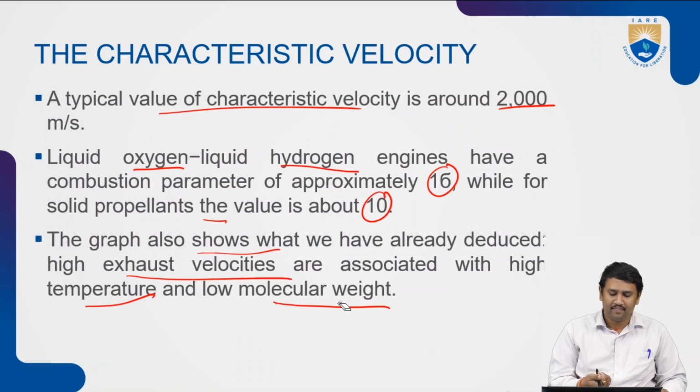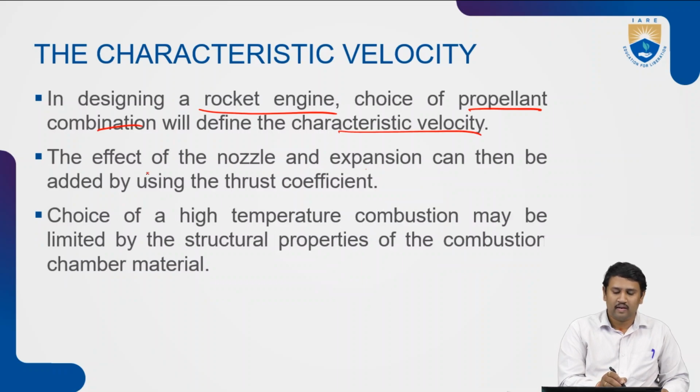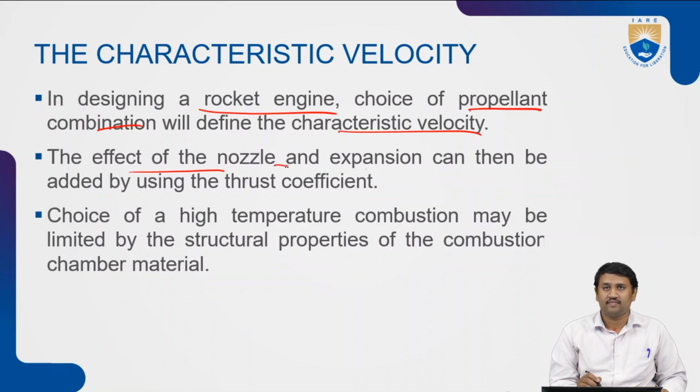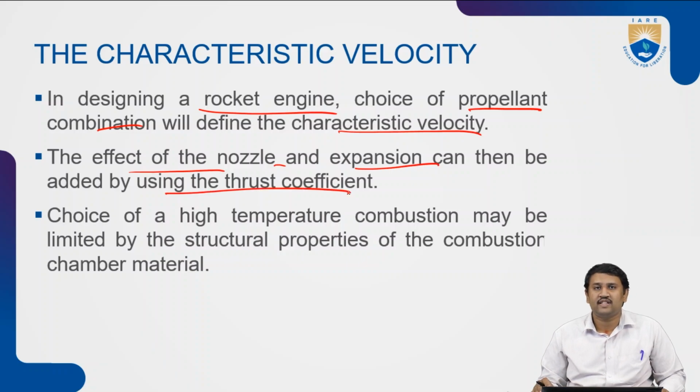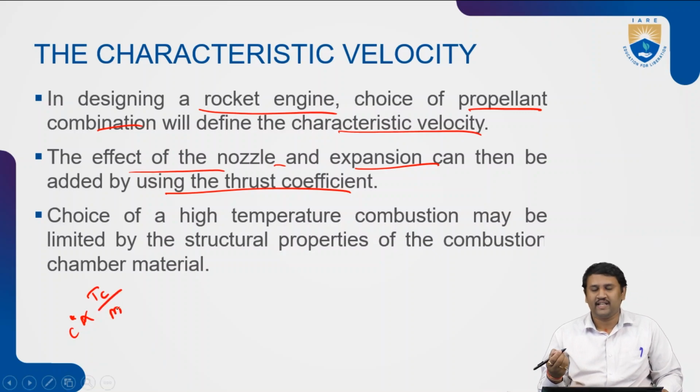Particularly, the effect of nozzle and expansion can then be added using thrust coefficient. What happened? Previously, we have seen the characteristic velocity is directly proportional to the temperature of the combustion and the molecular weight, right?